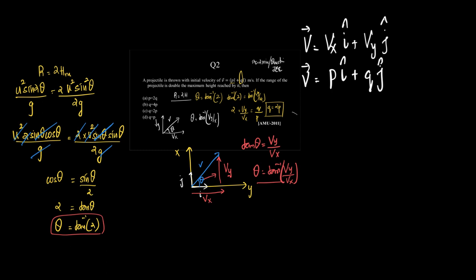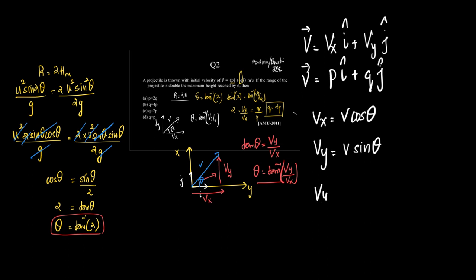And if you understand the concept, Vx is the horizontal component, which is v into cos theta. And Vy is equal to v into sine theta.